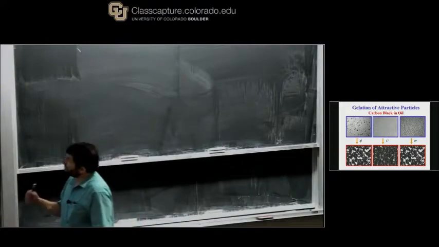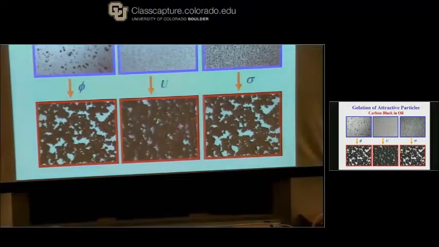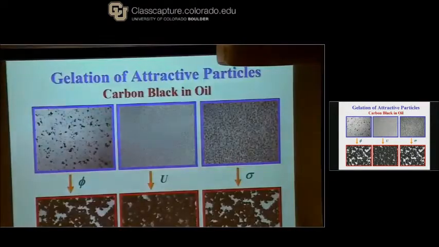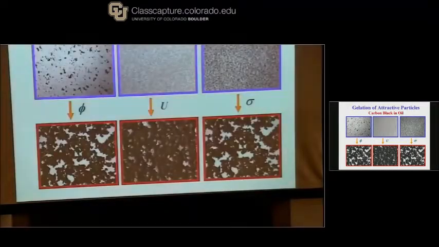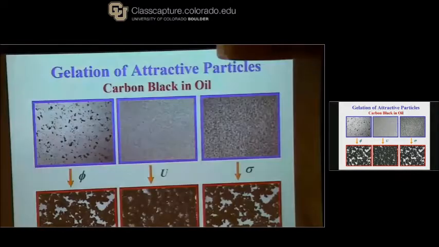OK, so now I want to show you a practical example about gelation. And this is going to actually surprisingly relate back to something that you probably heard a lot about in this lecture. We were asked by a company that makes additives for motor oil.